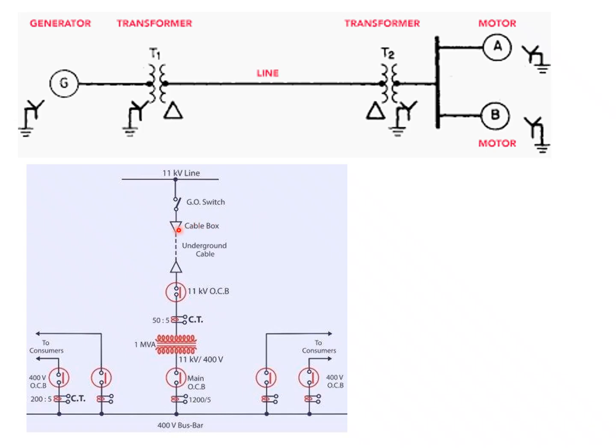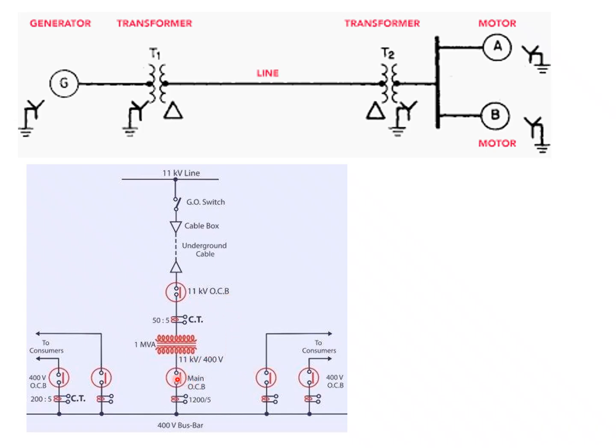Up to here it is an overhead 11 kV line, and then after that it gets terminated into a cable box, and further distribution is through cable. And in the incoming there is an 11 kV oil circuit breaker. This shows a current transformer. This shows a transformer of 1 MVA, 11 kV to 400 volts.